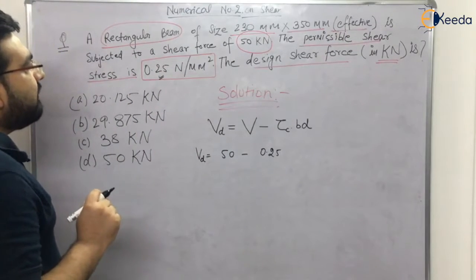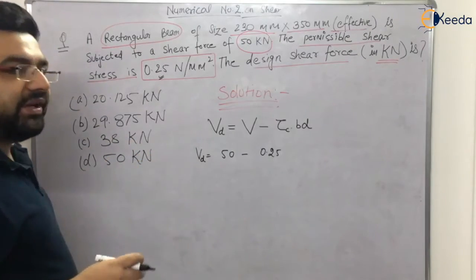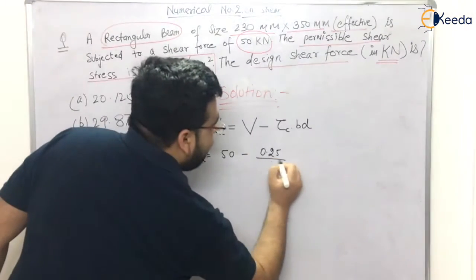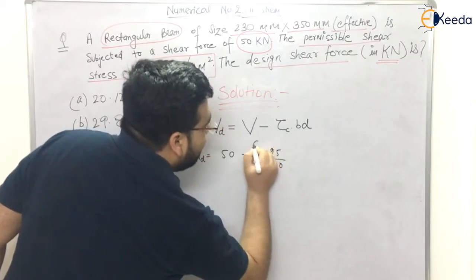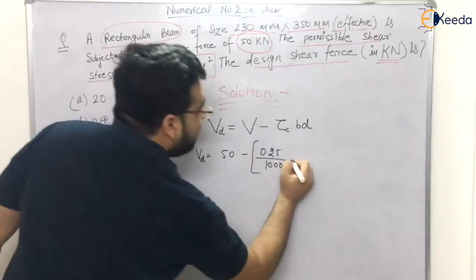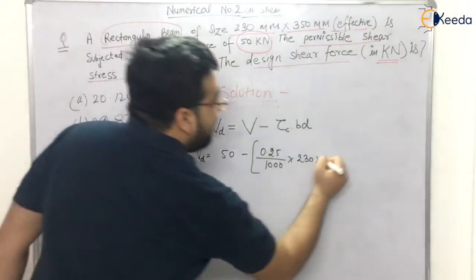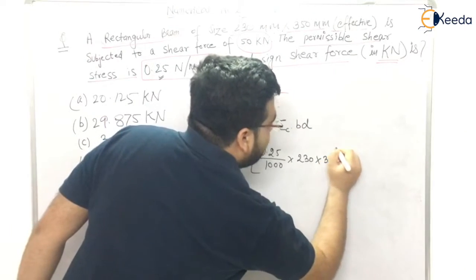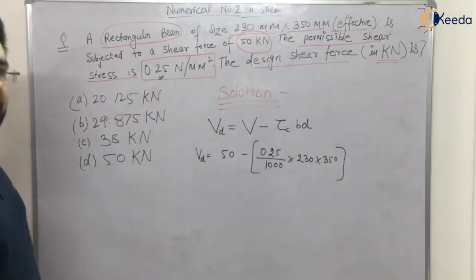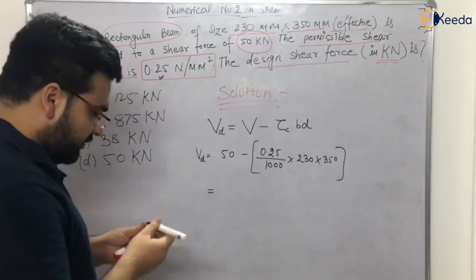If you want to convert Newton into kilonewton, what you have to do? You have to divide it by 1000. So divided by 1000, it will be kilonewton per mm square into B into D. How much is B? That is 230. And how much is D? That is 350. So I hope that you have understood this concept. Now, let me calculate it.